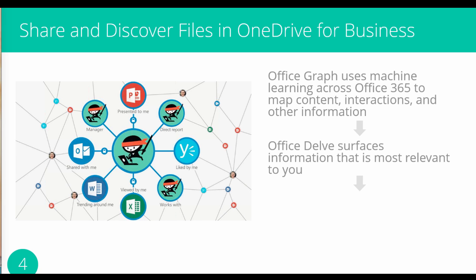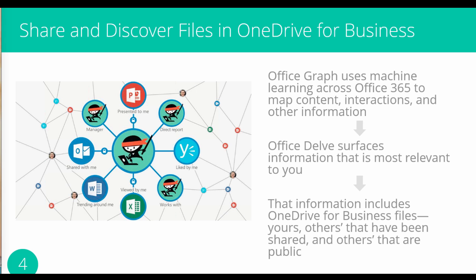I don't personally have great insight into what's on the back end, but I know from my own personal use that I see files that I have created or modified or accessed a lot, as well as some other pieces of information that are outside OneDrive for Business, like emails, Yammer messages, that kind of thing.